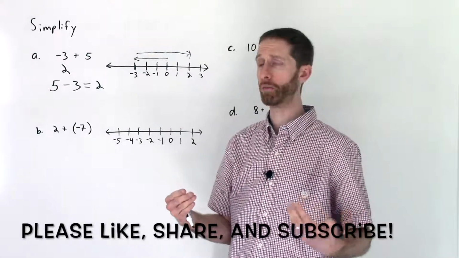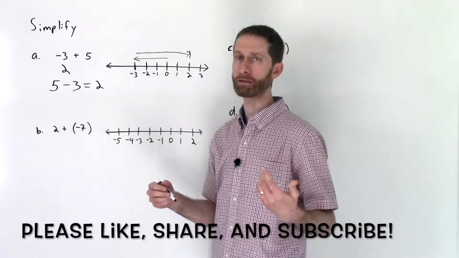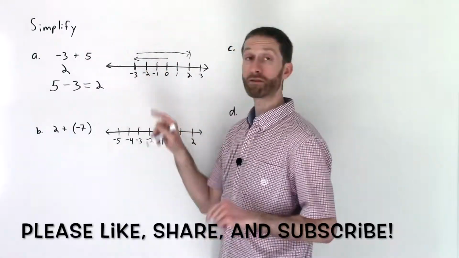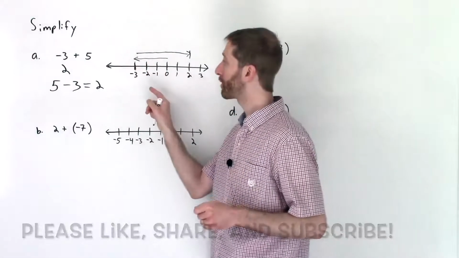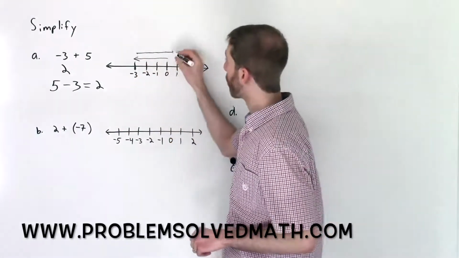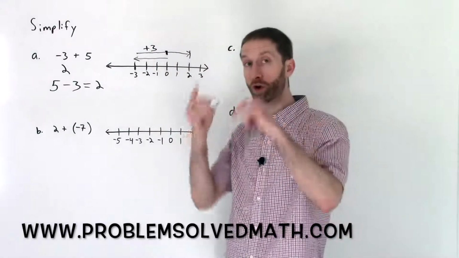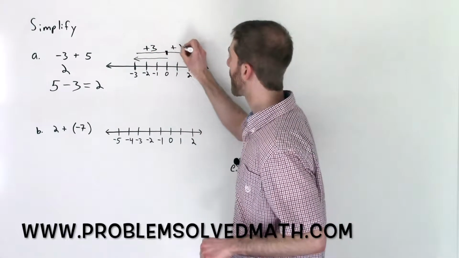Why does it work though? Well, we've started out going to the left 3. We then go to the right 5. In going to the right 5, we've erased our loss of 3 right here. Right? We've added back 3. And how much more do we have left over? We have 2.